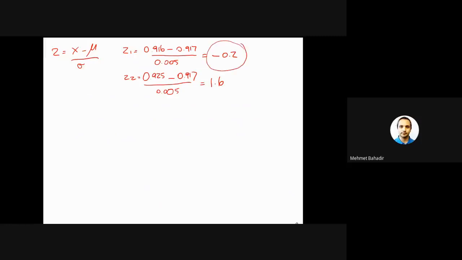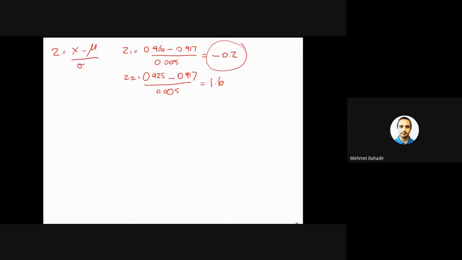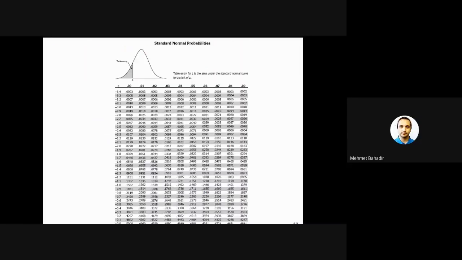Now let's find the area to the left of this value first. Let's go to the Z table. What was my value? Negative 0.2. So here I have 0.2, right? Negative 0.2 from the first column. And for the second decimal, I'm going to use the 0.00 value. And at their intersection, here is your area, 0.4207.